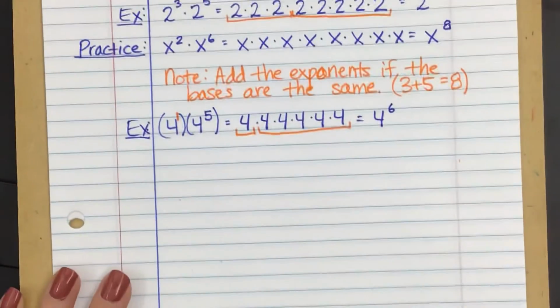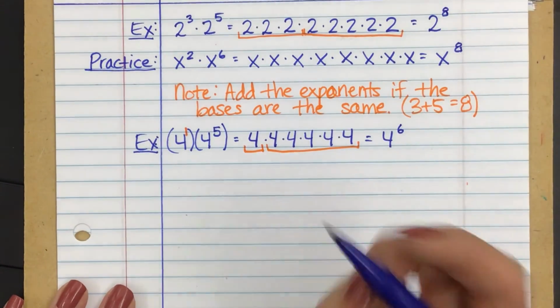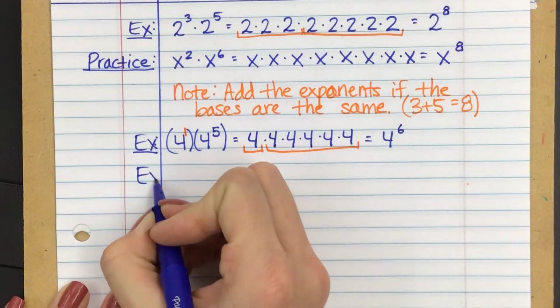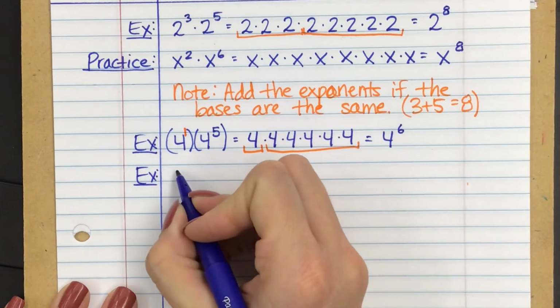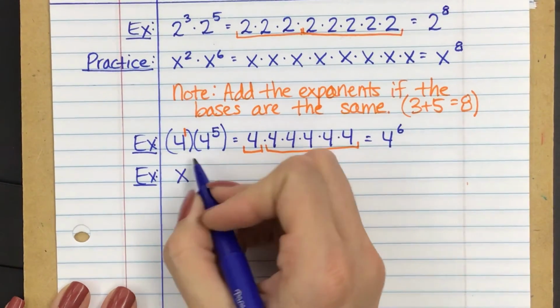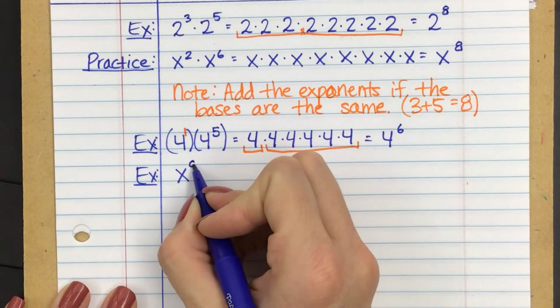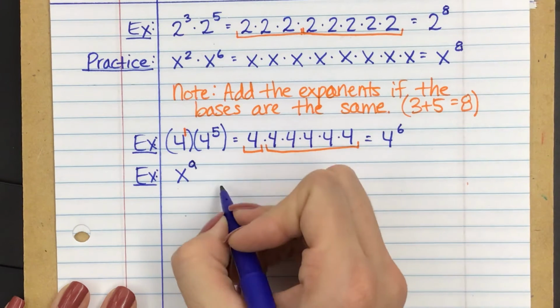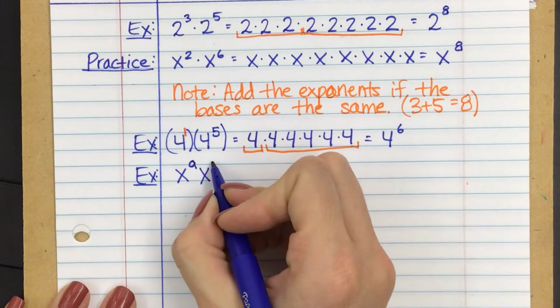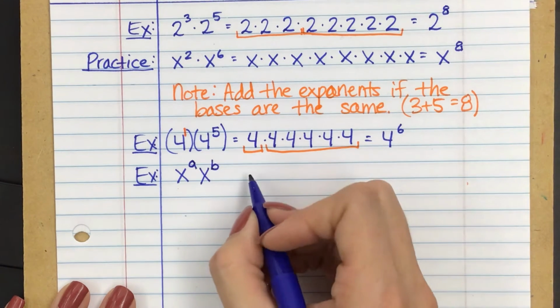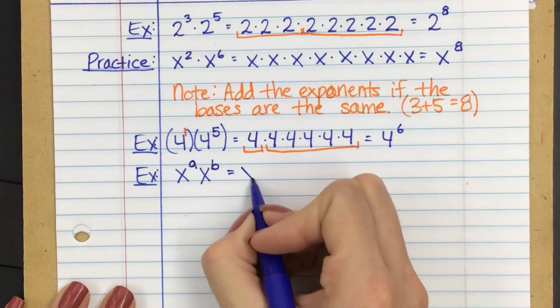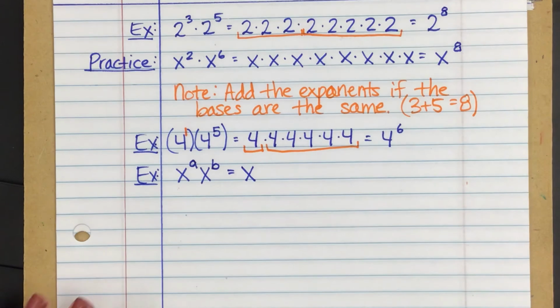Okay, let's look at this a little more abstractly, and let's see if somebody in here can get this. So let's say we have x to the a times x to the b. What is our exponent going to be?